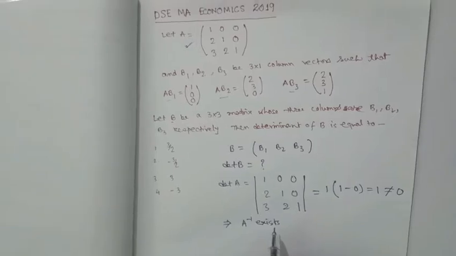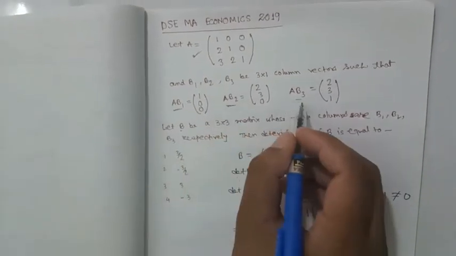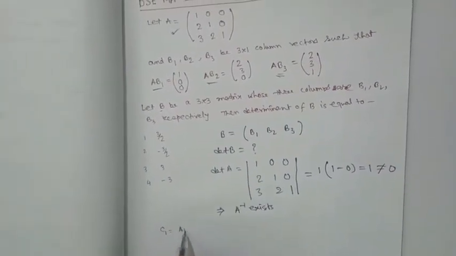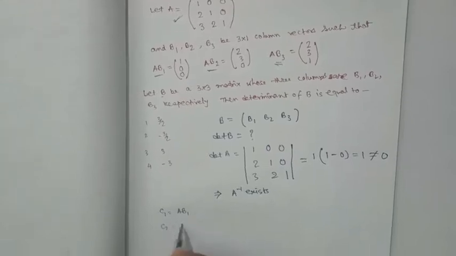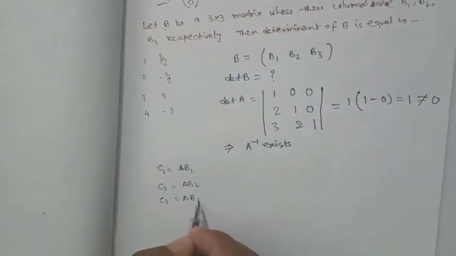Now we look into the products AB1, AB2, AB3. Let's name them C1 equal to AB1, C2 equal to AB2, C3 equal to AB3.